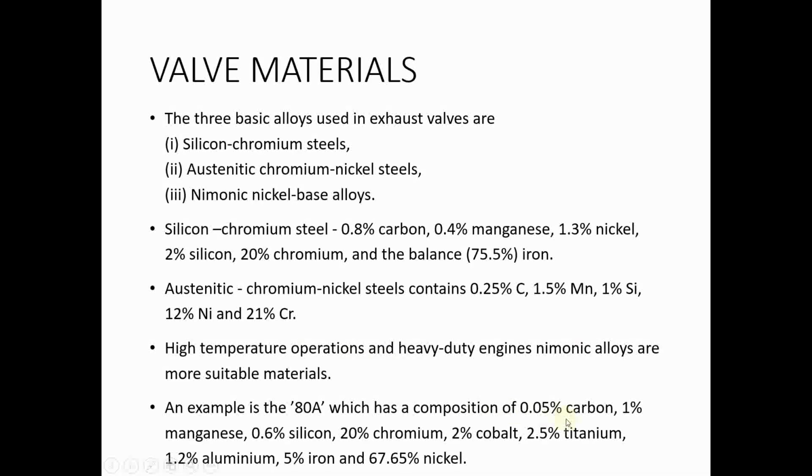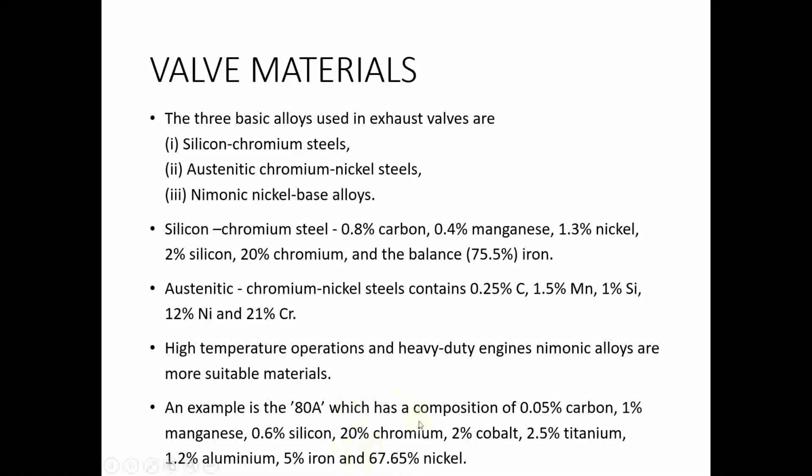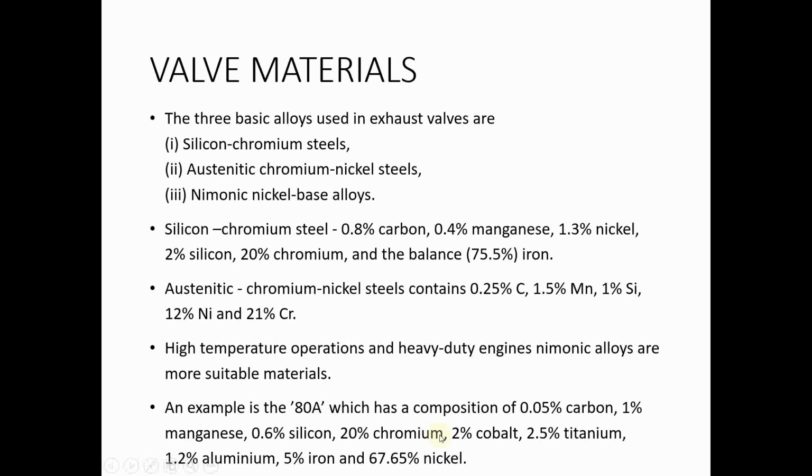The carbon content, as you can see, is very low, 0.05% carbon, with manganese, silicon, and chromium. Chromium is again a major component at 20%, and there is 67.65% nickel. So instead of iron, nickel has become the major constituent. Nimonic nickel based alloys are used as valve materials only for very heavy duty purposes.